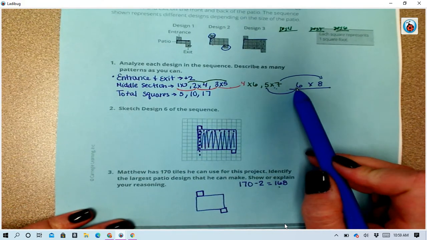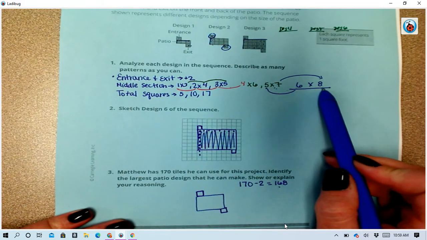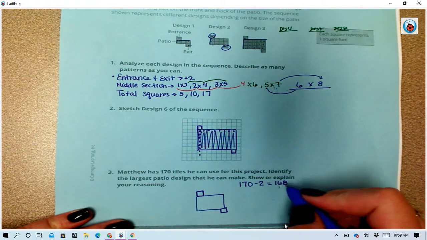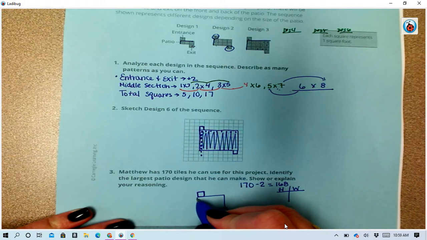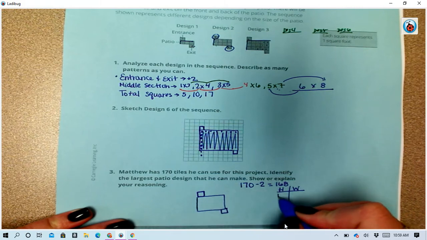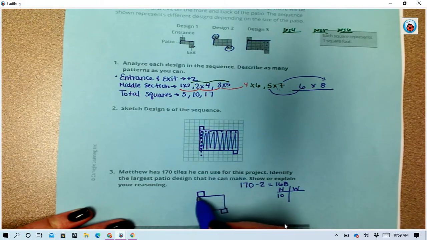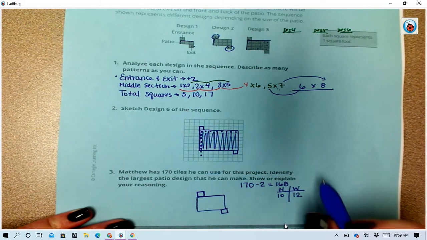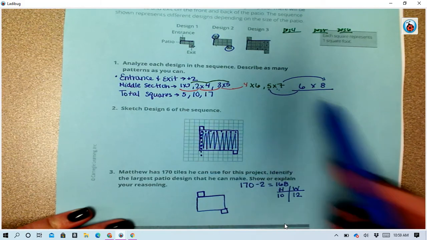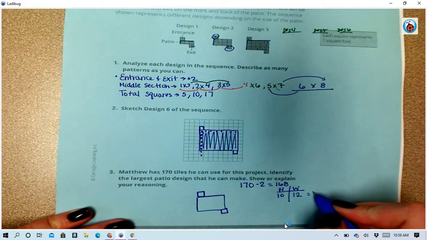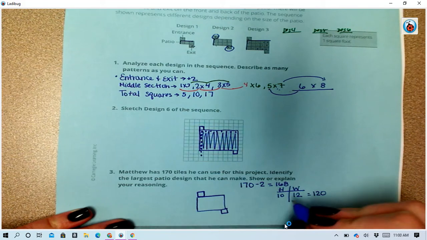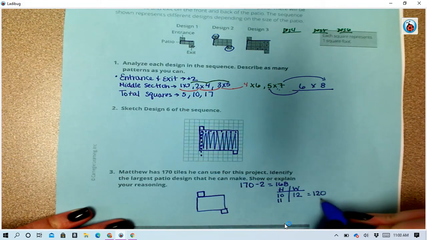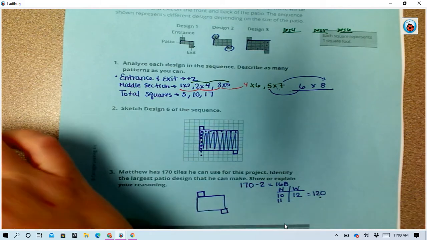So then what I did is I just tried to pick some numbers that got me close to 168. But notice your height and your width have a difference of 2. So let's say I wanted the height, so this here, to be 10, my length had to be 12, because it always stayed 2 more, and that would only give me 120 tiles. So then I went up to 11 because I knew I had to go bigger than 120.